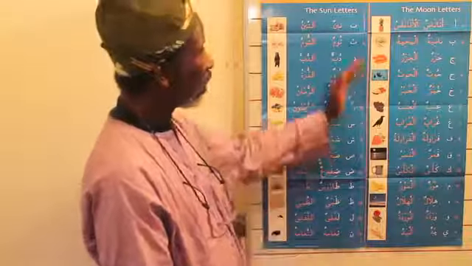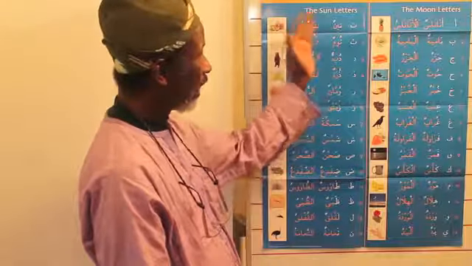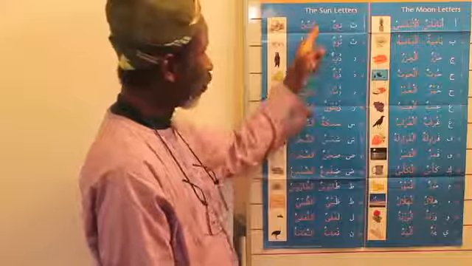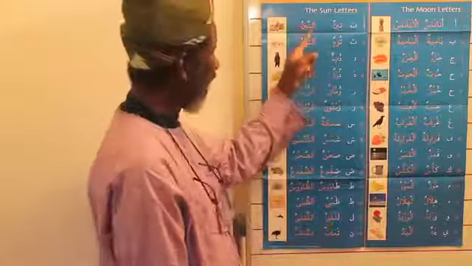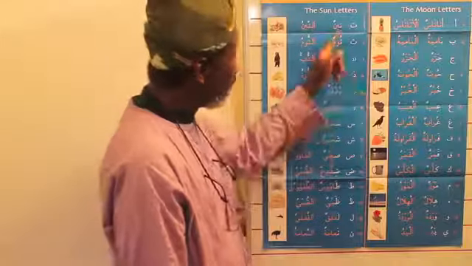Now let's go to the other side of this poster, the sun letters. Again, there are 14 of them. Tinun, that's a fig. Atinun. Here this time, lam becomes silent. It's been suppressed.